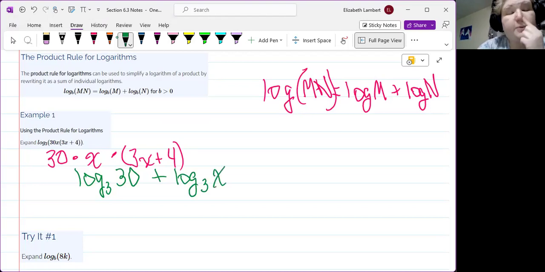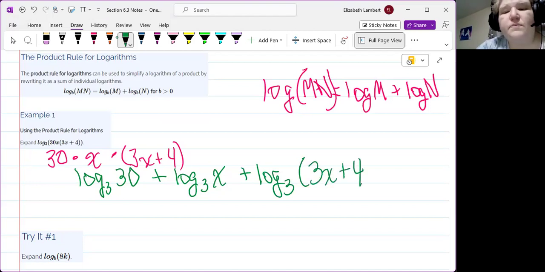And here I'm writing the 3's because if you had to type this answer, you'd need the log base 3's. So that is our answer. If you try to Google problems like this, those problems will often take the 30 and expand it more. Like I said, you can, you don't have to.